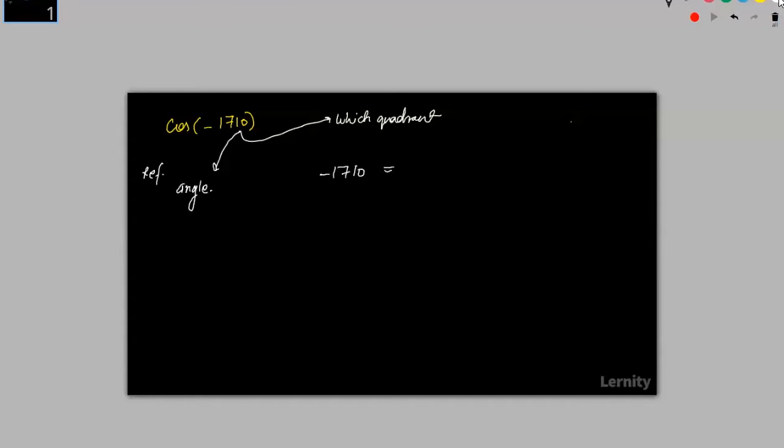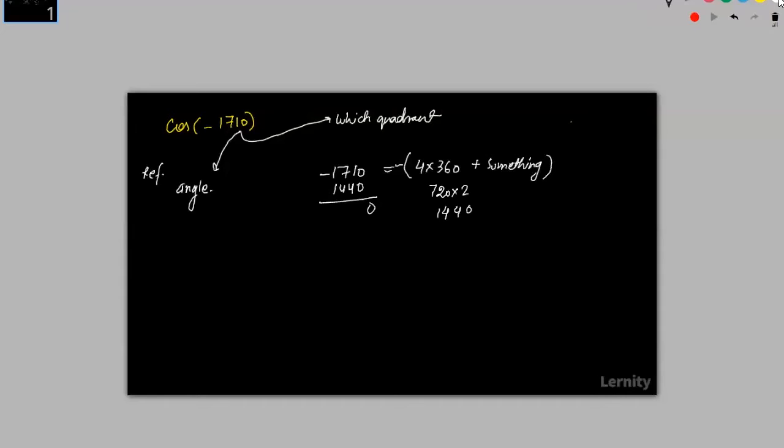So we will get minus of 4 into 360 plus something. So let's see what is 4 into 360. 720 into 2, so that is 1440.